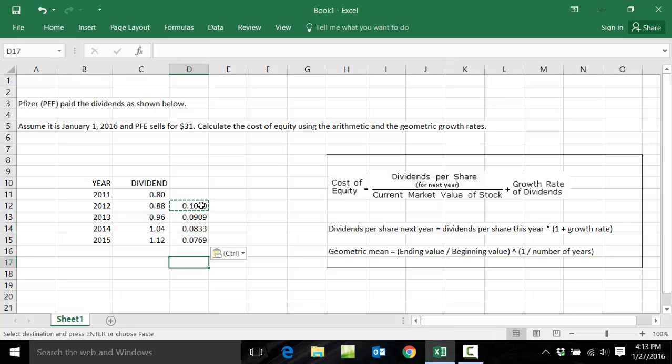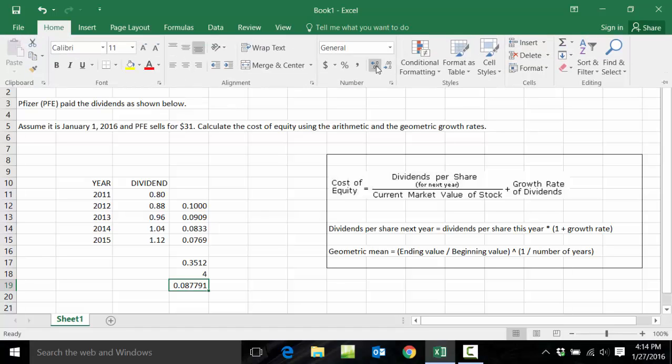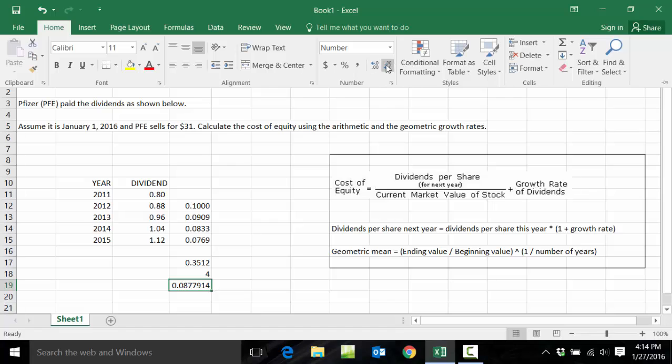So there are your growth rates for the 4 years. We're going to add up those numbers and divide by 4, because it's 4 years. So the arithmetic growth rate is going to be 0.08779. And I'm just going to go out 4 decimals.